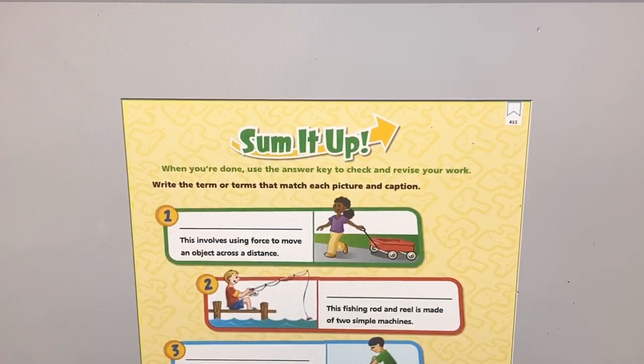So if you see something using a circular motion, definitely it's a wheel and axle, all right? Like the doorknob, like the pencil sharpener, they are all using a wheel and axle simple machine.